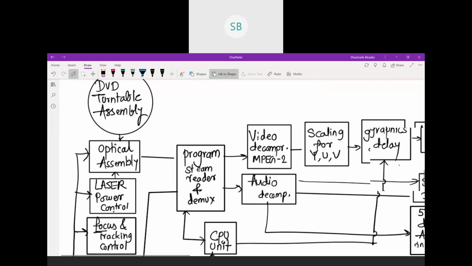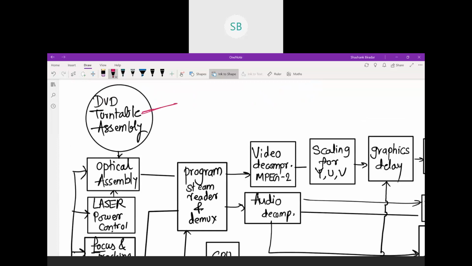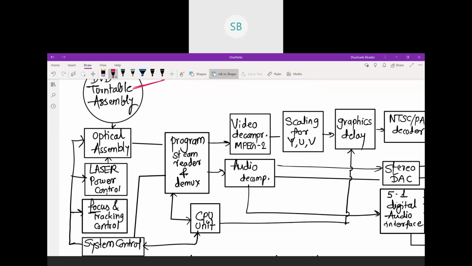Now the DVD turntable assembly, on which we have the servo used to rotate and give the proper RPM for the DVD. Then we have the optical assembly, in which we have the laser power control, focus and tracking, two important parameters for the laser. These come through the system control.